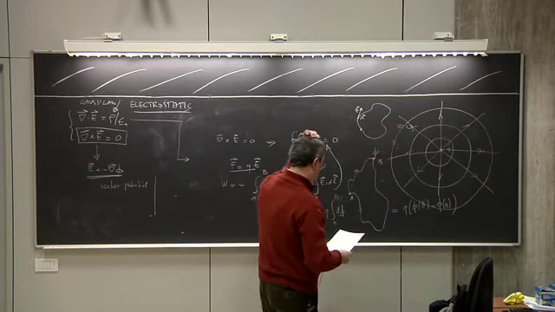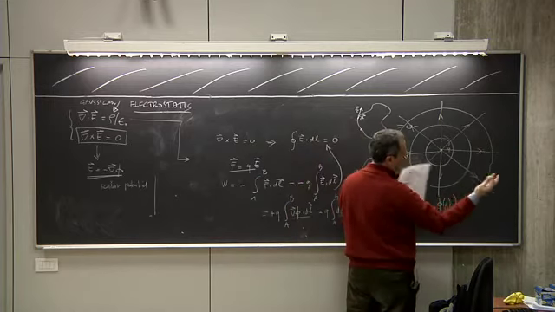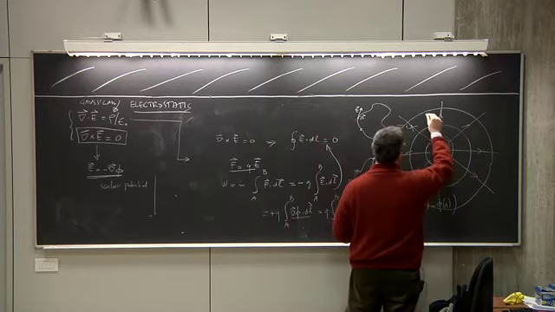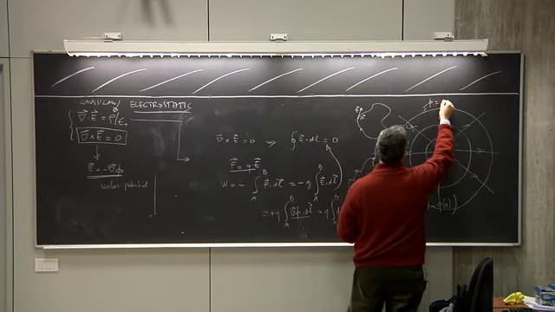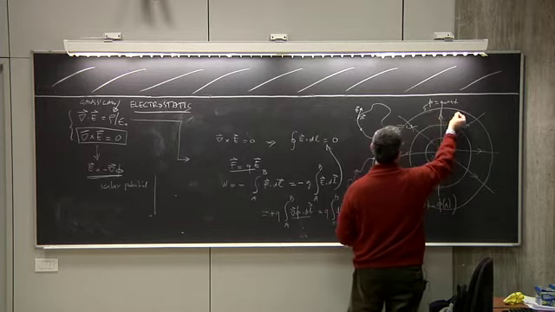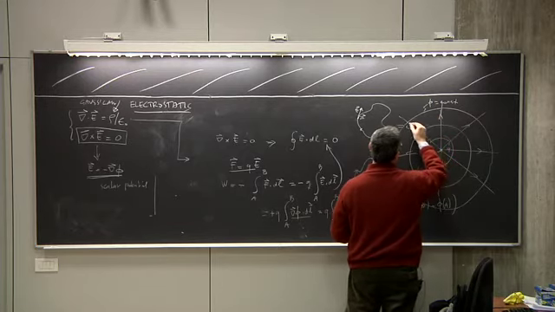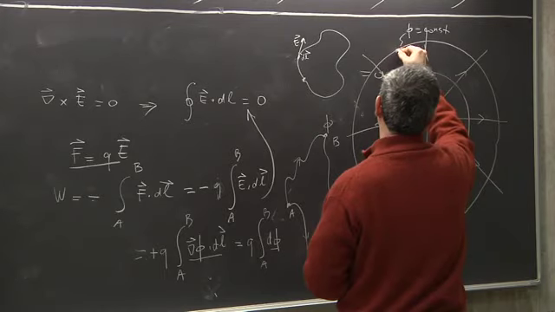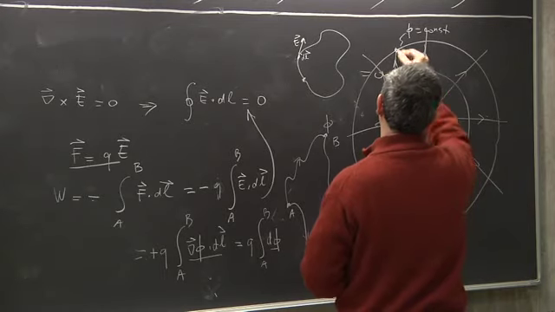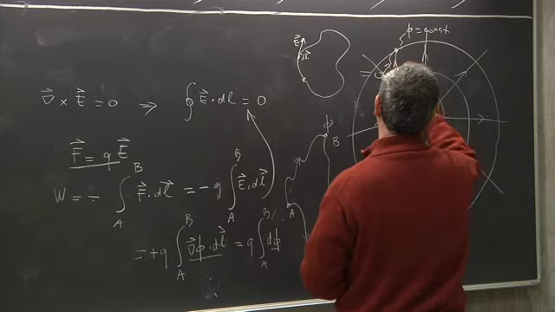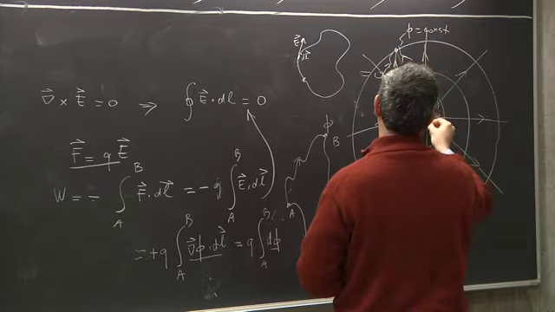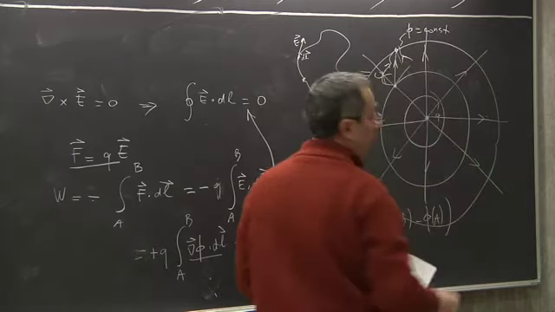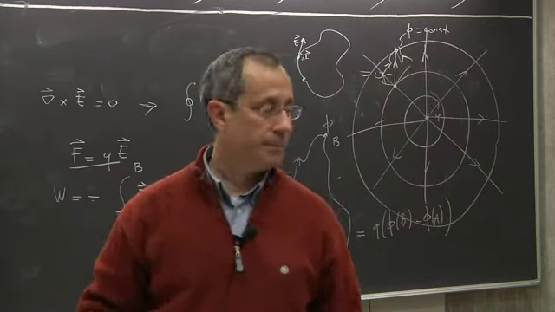Really they are spheres. This is phi equals a certain value. It's constant along this line, and you do work only by moving from here to here. But it does not depend on the way you go. It just depends how far you are from one point to the other.